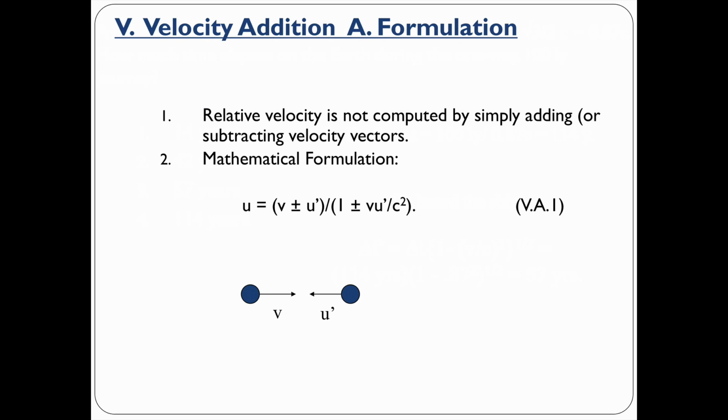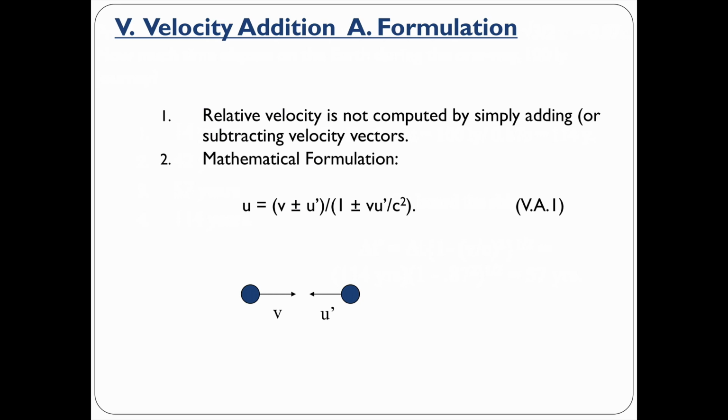This brings up another consequence, and there's a sheet that helps you with that, and that is velocity addition. What is the relative velocity of two objects that are racing toward each other or even moving apart from each other? Well, we can write this as u, the relative velocity.